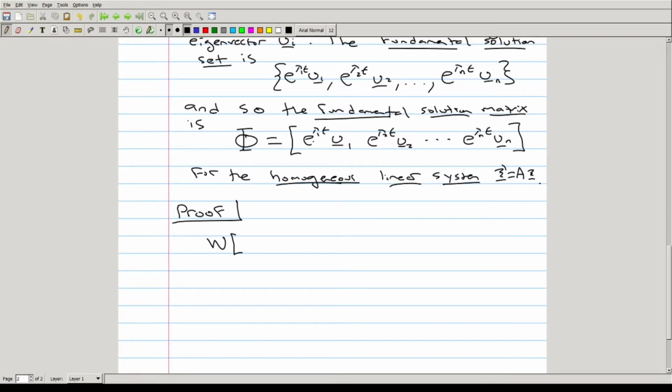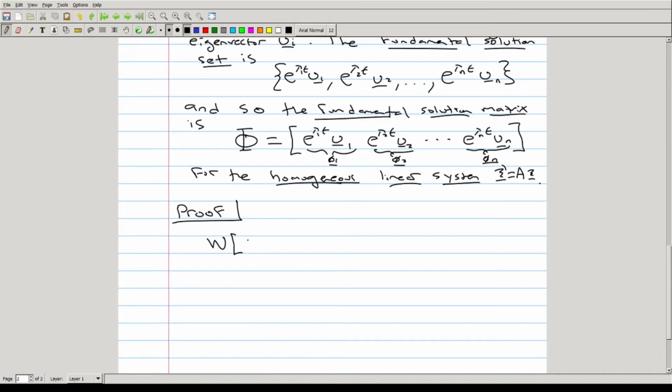And the Wronskian, so we'll call each one of these fundamental solutions, xi1, xi2, or actually instead of xi, let's use phi, lowercase phi, like we did in the last lecture. This is phi1, phi2, all the way up to phi n.